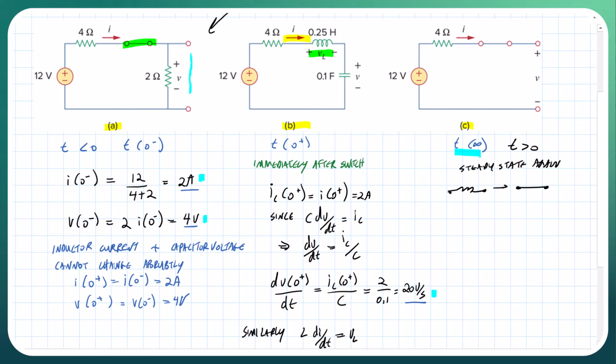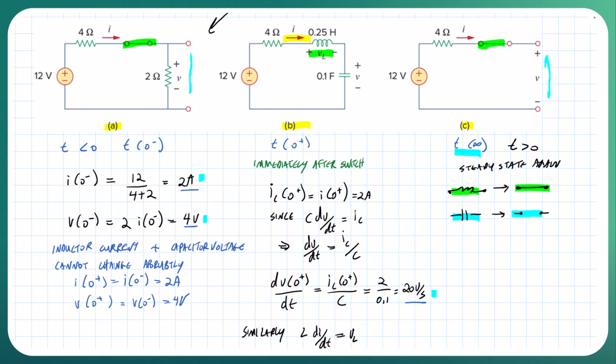So this inductor is going to be a short. And the capacitor, as we said before, is going to be an open circuit, which is going to be here. So the circuit in this case becomes that figure C.